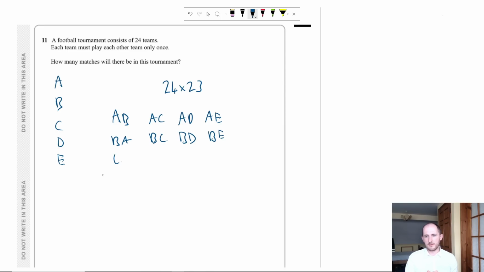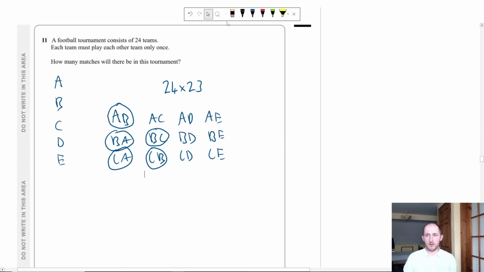Then we have, I'm not going to do all of them, don't worry. If you have a look, B playing A and A playing B is the same thing. B playing C and C playing B is the same thing as well, right? So you notice that we actually have these kind of double matches, right? So how do I get rid of them?